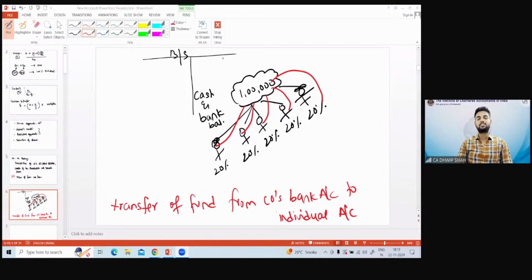He backed his conclusion that dividend is just a mere transfer of funds from the company's bank account to the individual bank account. The company's bank account was also owned by those individuals only, up to their shareholding percentage. Are you getting this? So this is the core logic, the crux of the MM theory.